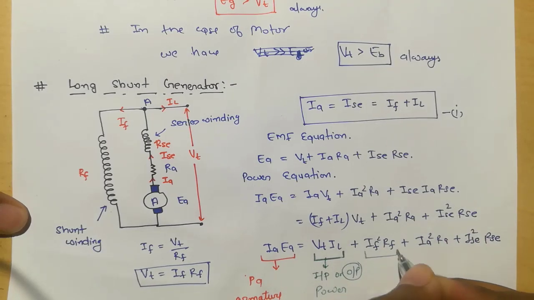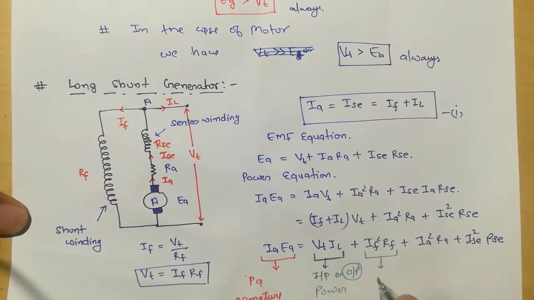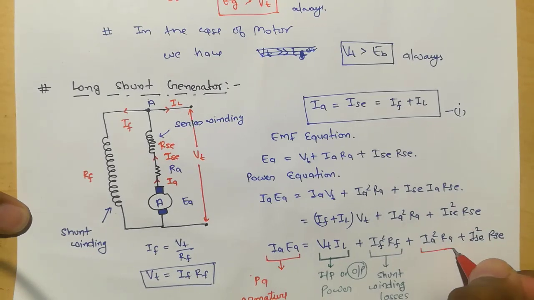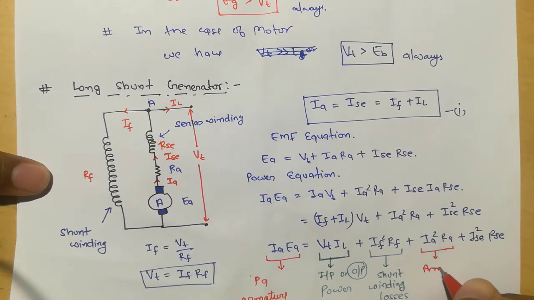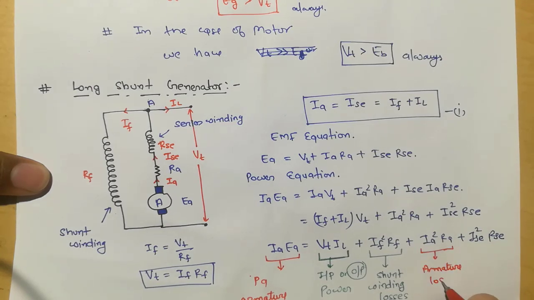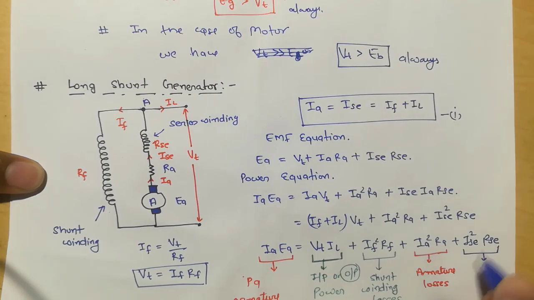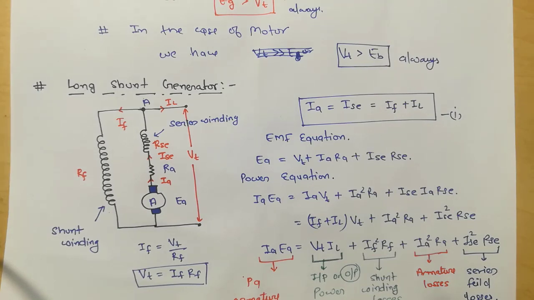This is our shunt winding losses. This is armature losses, and this one is series field losses. So this is the analysis of the long shunt generator.